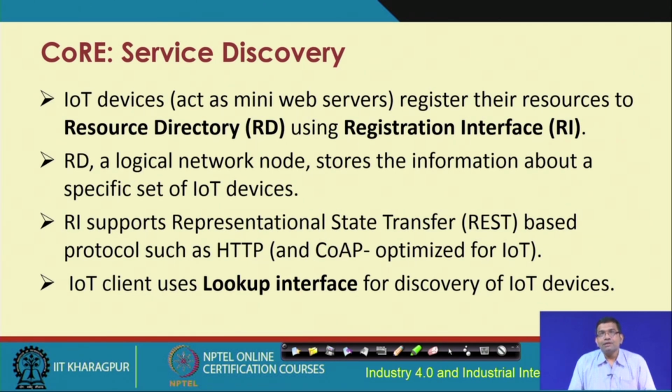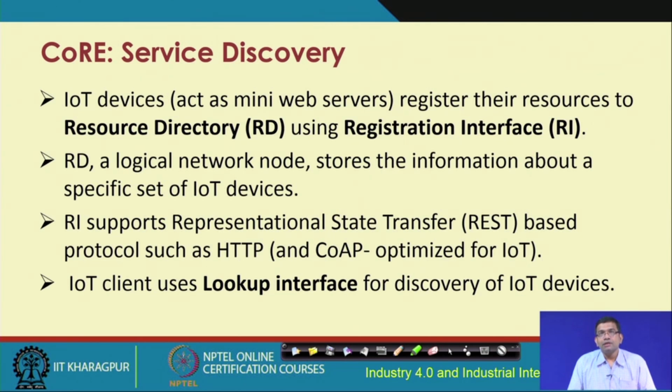The registration interface, on the other hand, supports the REST based protocol, the REST architecture, the full form of which is Representational State Transfer architecture, which would support protocols such as HTTP for the existing internet, and for IoT the equivalent of it, which is CoAP, which again we will talk about in a little bit further detail in a short while.